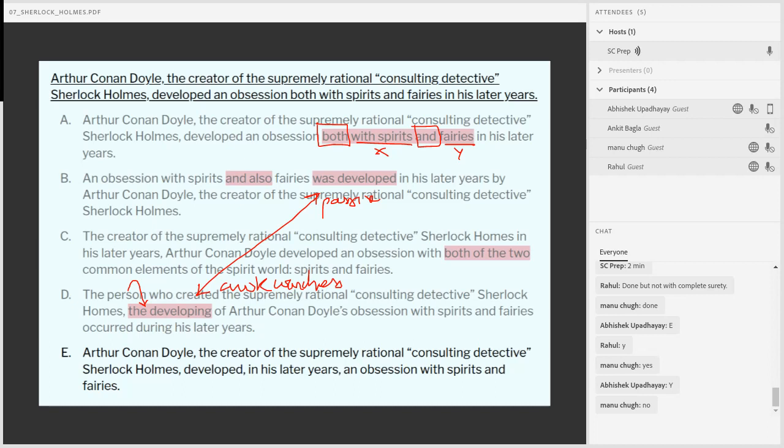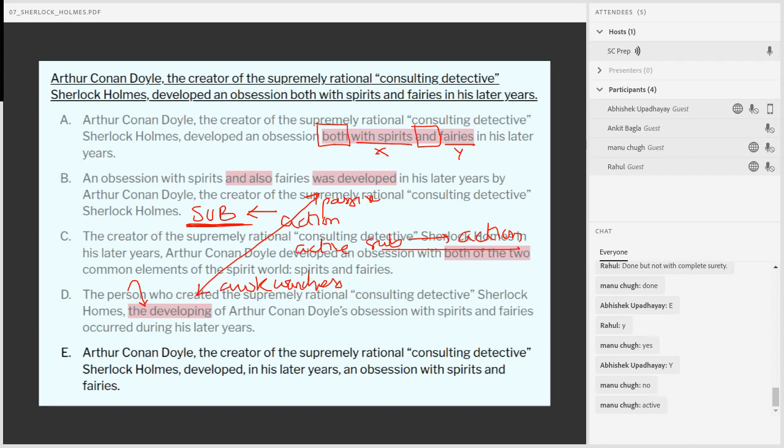That's what awkwardness means. Passive is something different. Passive means that the subject receives the action. Conversely, active means the subject performs the action. So, for example, if you say, "I drove the car," I is the subject, I is doing the driving. That's active.